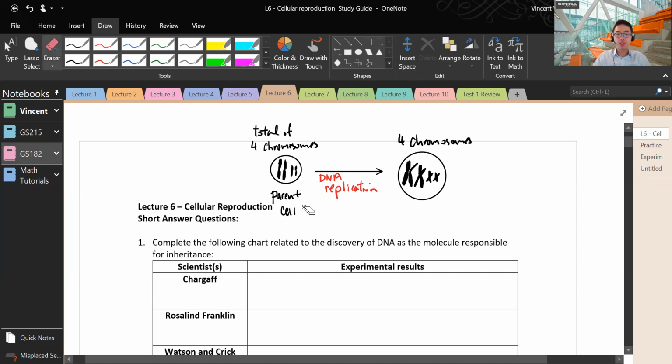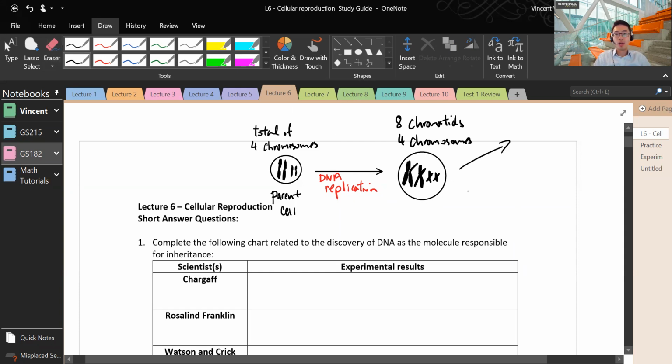However, after DNA replication, each of these we call a chromatid. So even with 4 chromosomes here, we would have 8 chromatids. Now, just to keep it simple, the chromosome counting is not too essential in understanding what's happening. What's more important is the fact that after DNA replication, you have double the amount of genetic material.